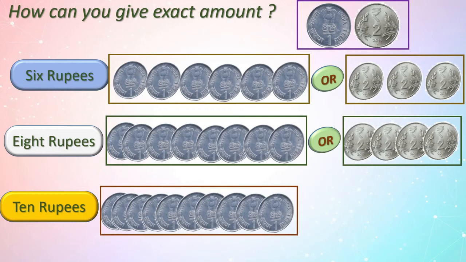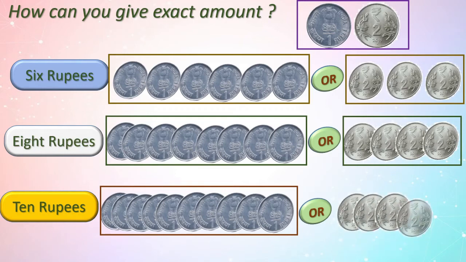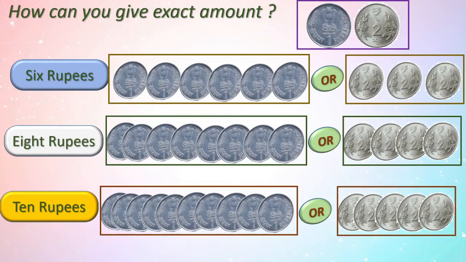Right? Or by using 2 rupee coins, that is 1, 2, 3, 4 and 5. Right? These 5 coins of 2 rupees together make 10 rupees. Right, children? I hope you know this, but confirm this. Okay?